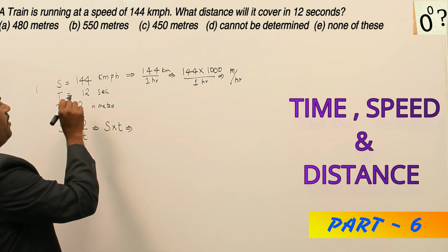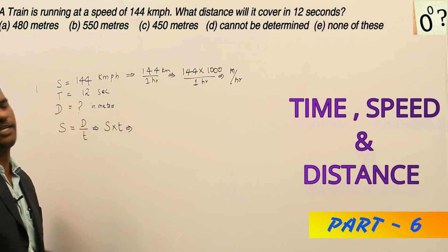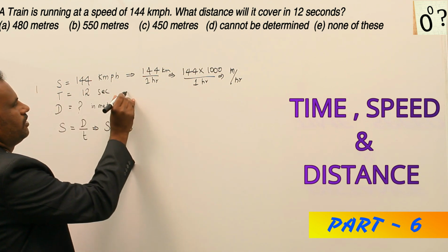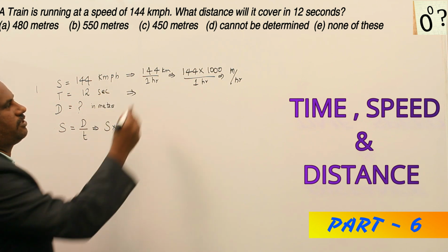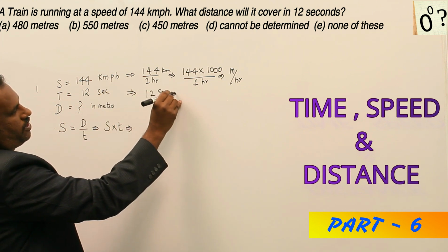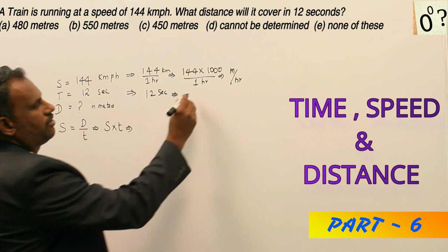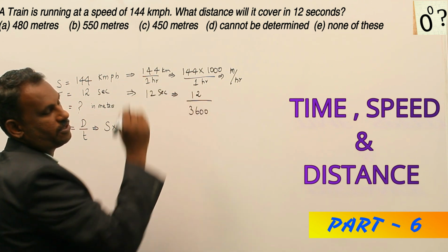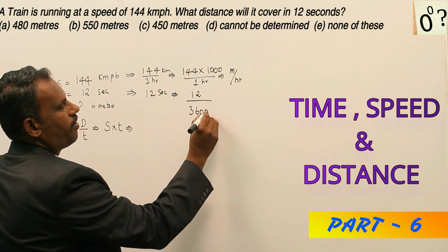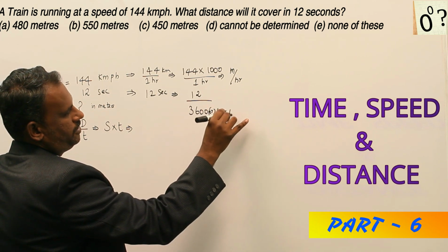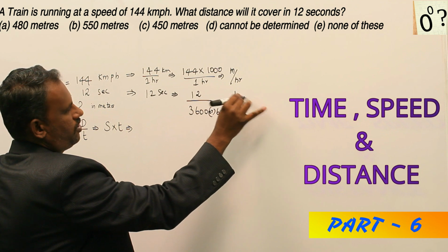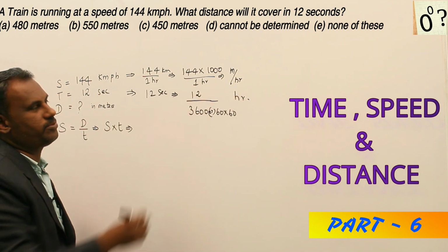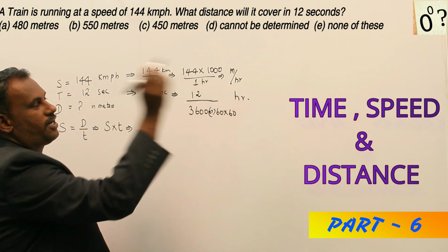Now how to convert 12 seconds into hour? We have to divide by 3600, or 60 into 60. So now 12 seconds becomes 12 divided by 3600 hour.